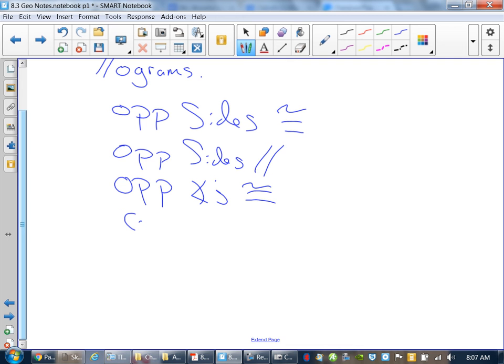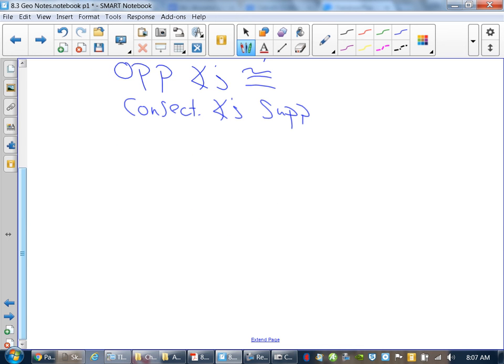Consecutive angles are supplementary. And then last but not least, what do we know about diagonals? They bisect each other.